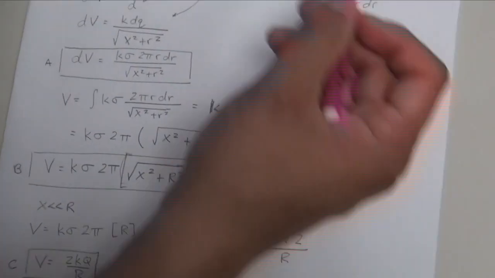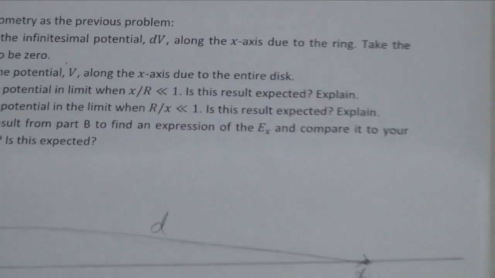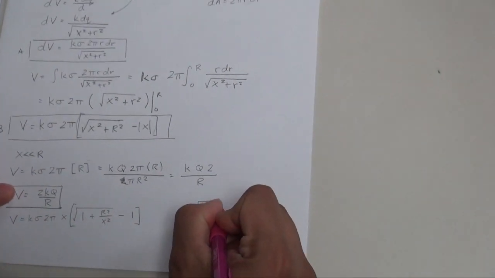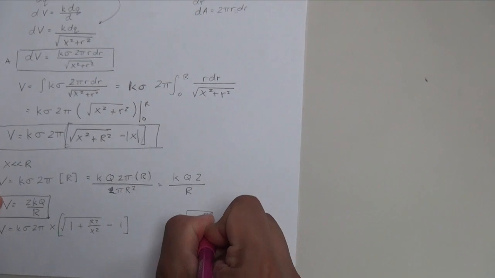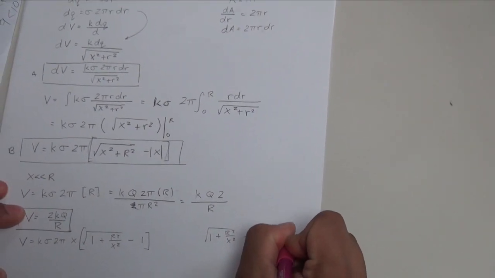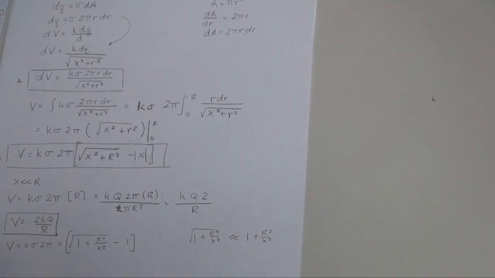Now when r divided by x is much less than 1, we can approximate this, which allows us to remove the square root sign.